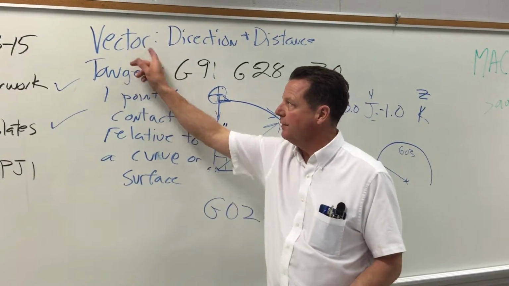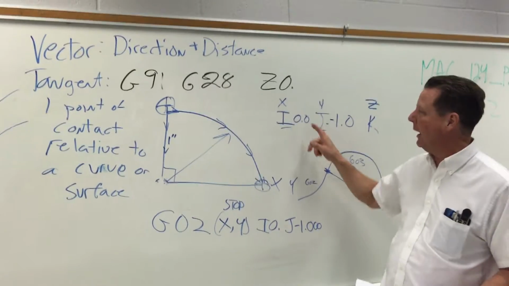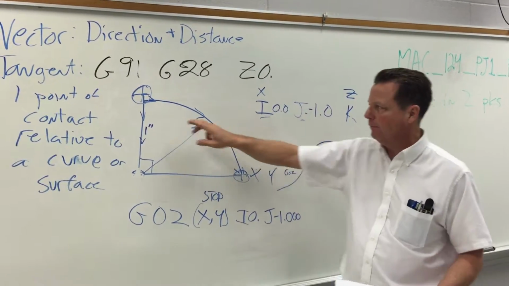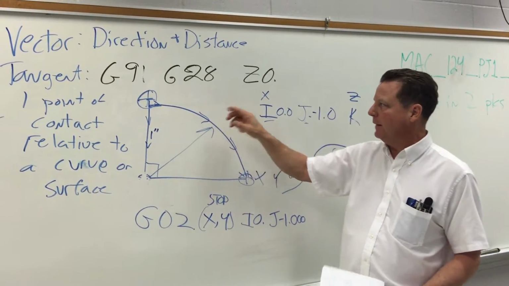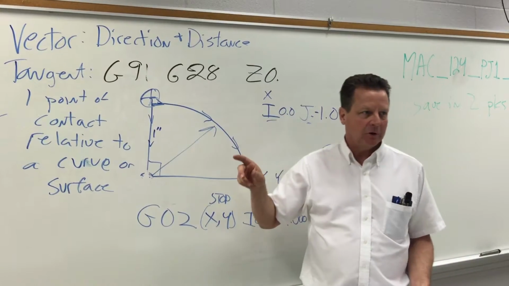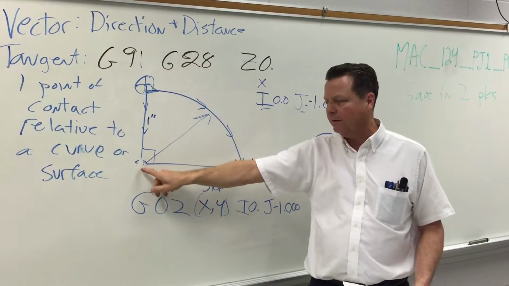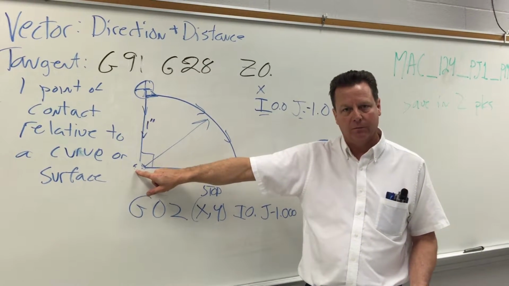So I used the vector here to explain a little bit about I and J programming for arc circular interpolation moves. The I and the J are vectors from the starting point to where the arc is swung from. That's really all you need to know.